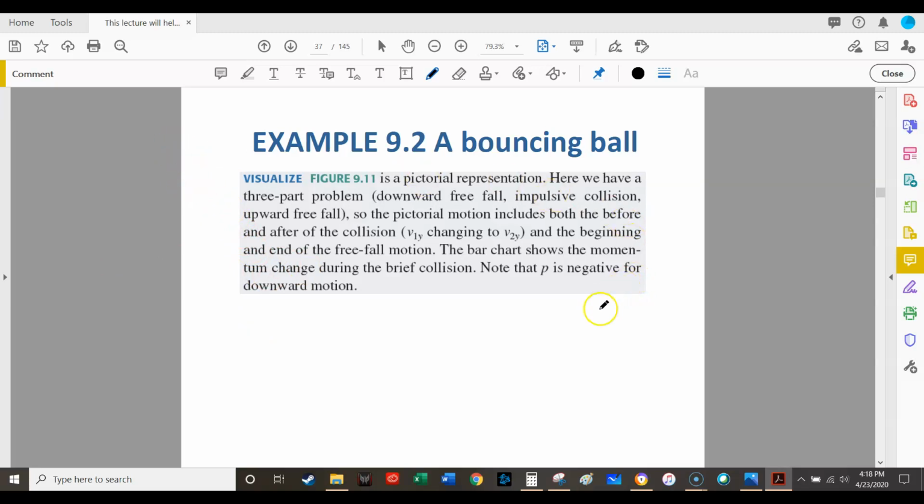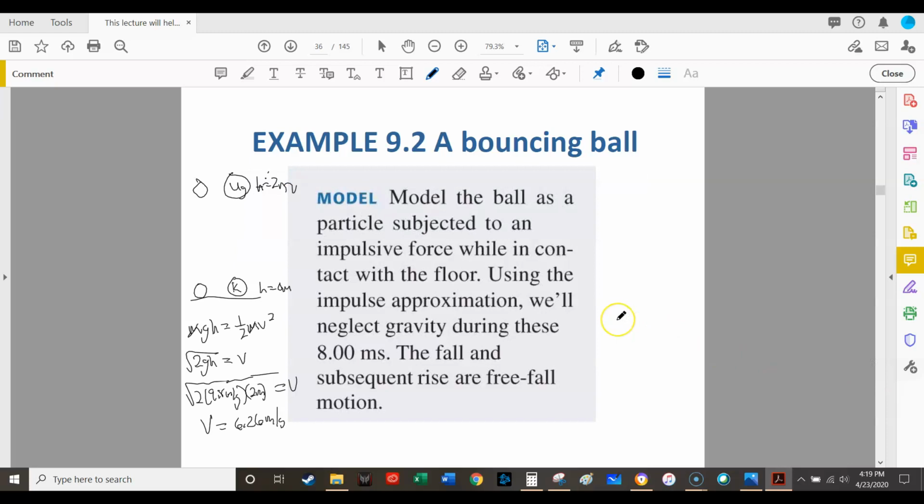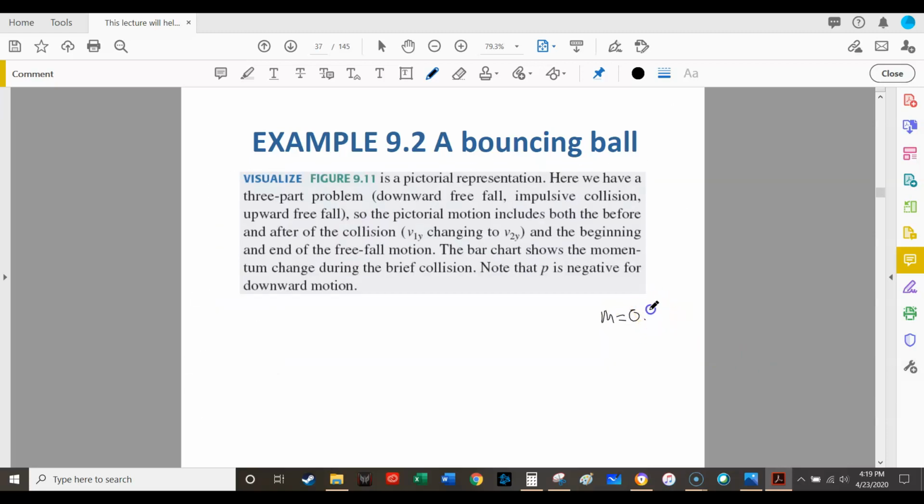All right. We have a mass, which is 0.1 kilograms. Okay, it was dropped from a height of 2 meters, and thus right before hitting the ground we found out that it was hitting the ground with 6.26 meters per second.